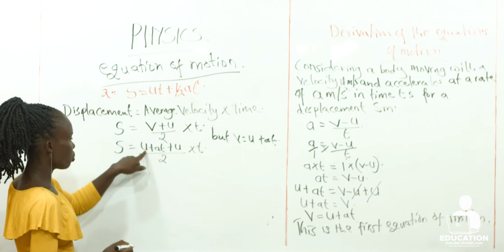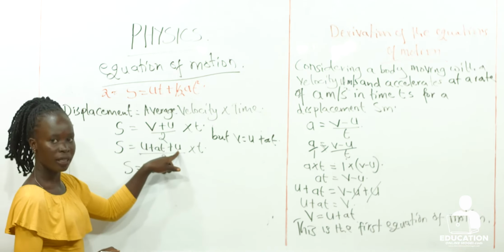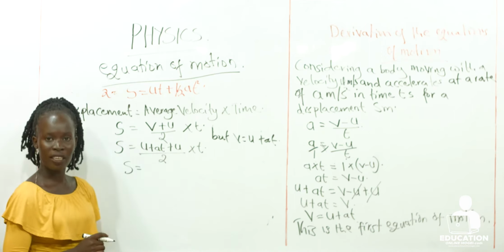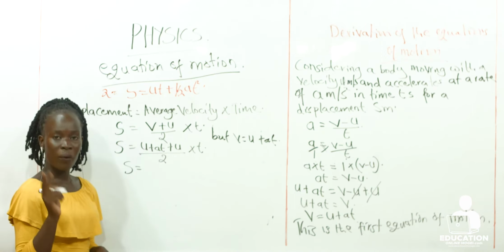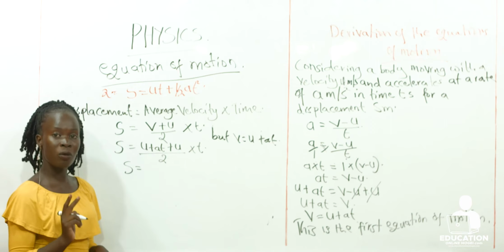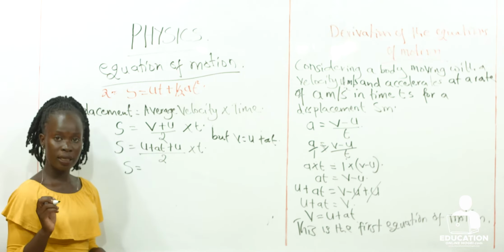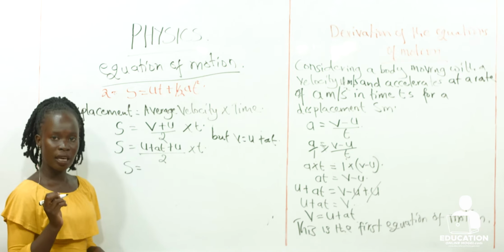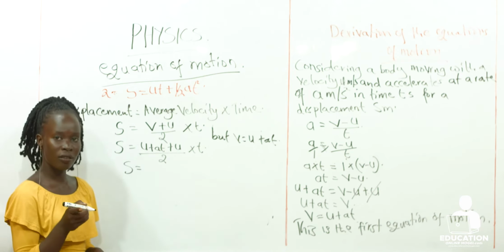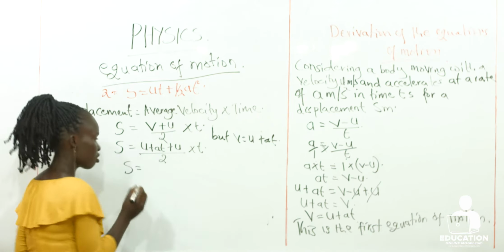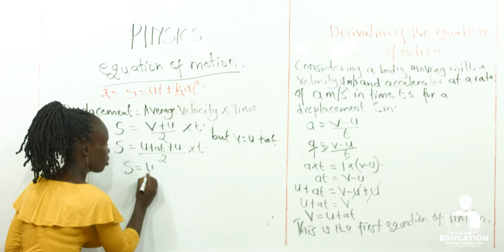We have u, and then we have u here, and if you have u and you add u, what will you get? You'll get 2u. We are not multiplying. If we were multiplying, we shall get u squared, but this time we are adding. If we are subtracting, we shall get 0. So this one we shall come up with u plus u. Let's first collect the like terms so that we don't get confused.